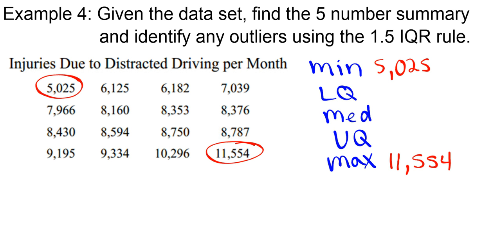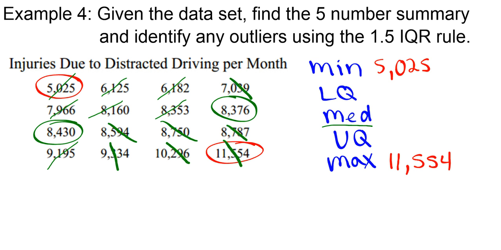For my median, I need to find the middle, which is why I'm going to cross until I meet in the middle. And you notice we have 2 numbers in the middle, so I need to go ahead and add those because I'm going to be taking the average.